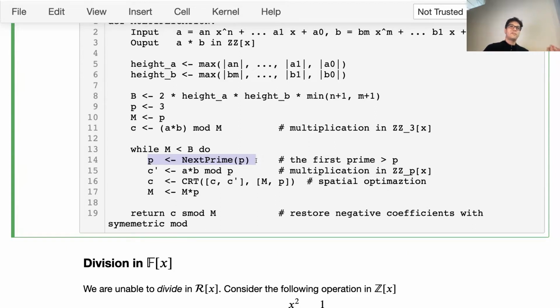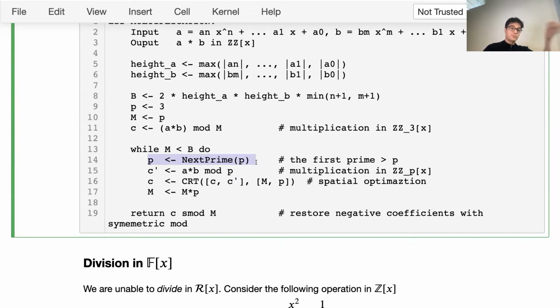I think it's in the number theory package or something like that. But you can just go utilize this next prime. Although it's kind of weird. Next prime of 3 is 3. It gives you the next prime equal to or greater than the thing that you give it. So if you want the next prime after 3, you actually have to give it 4, and then it will give you 5. I just thought that was kind of strange behavior.